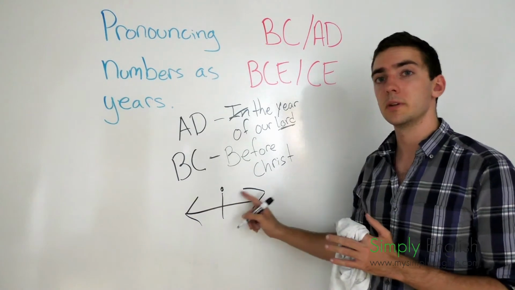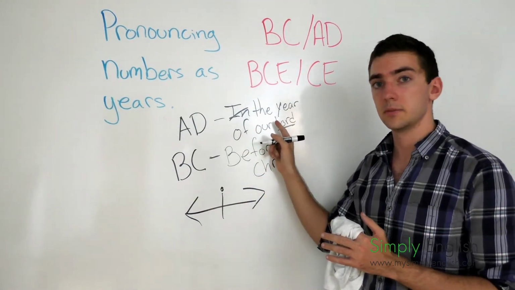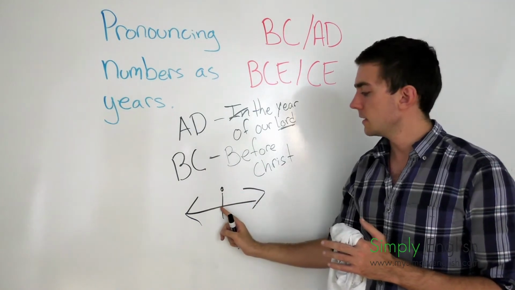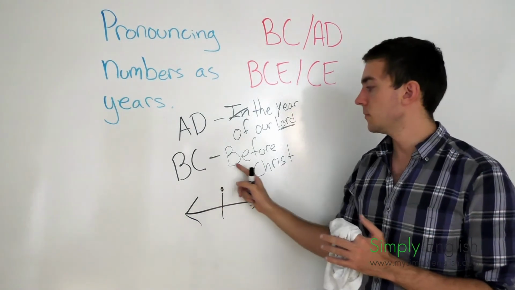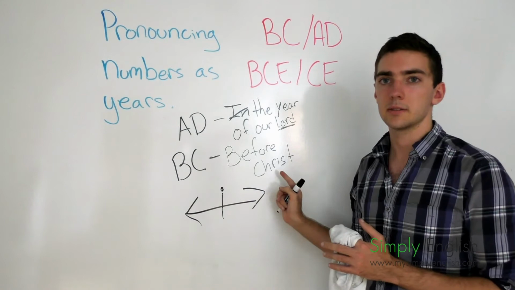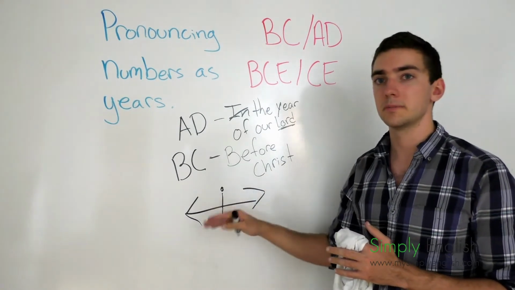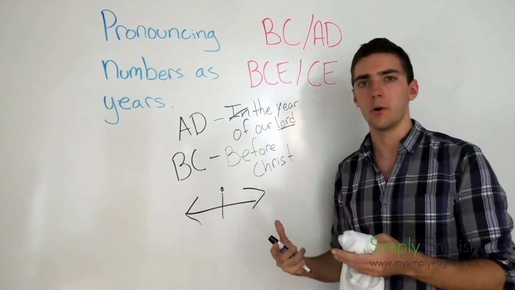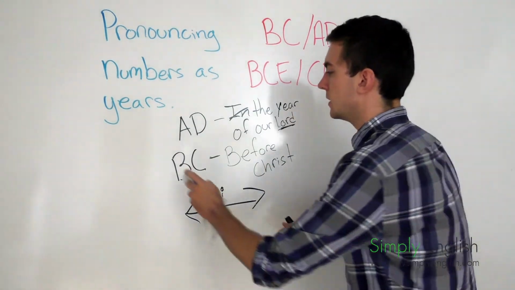So after this point would be in the year of Jesus Christ, or in the year of our Lord, AD. But any time before that would be more logically before Christ. So before Christ is before this point in the past. Just remember B equals before in the past, all right?